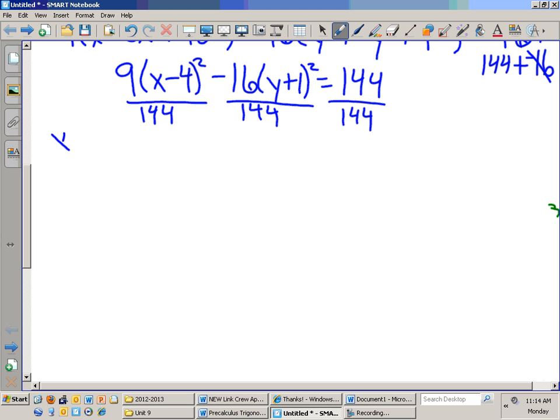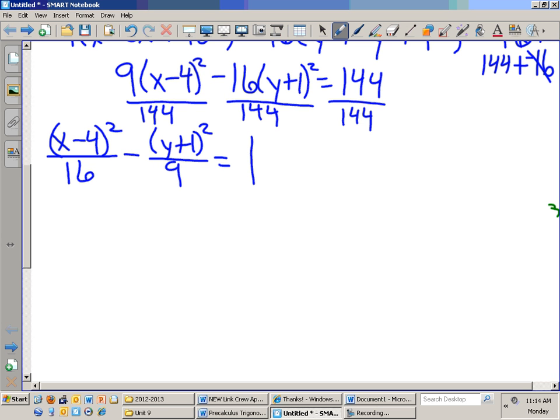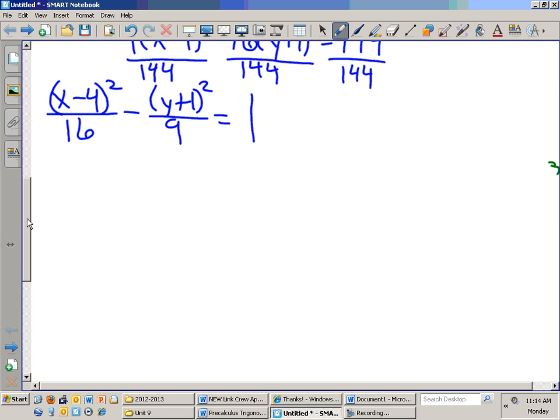So we have x minus 4 quantity squared over 16 minus y plus 1 quantity squared over 9 is equal to 1. There we have it. It's in its appropriate form.